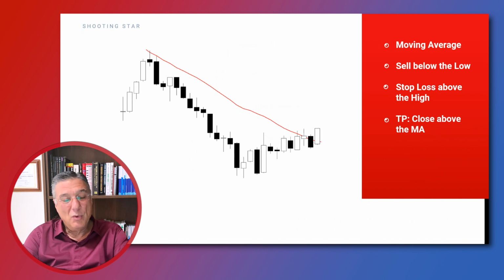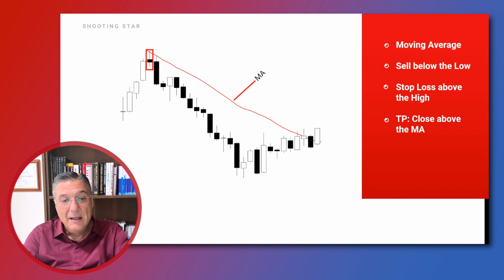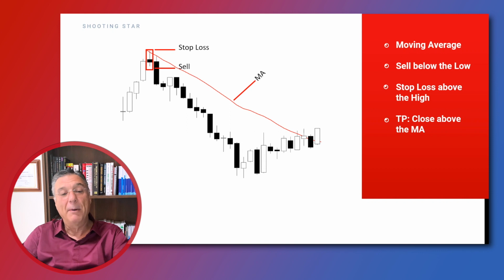Here we have an upward rally, and we identify the shooting star near the moving average line. It acts as a resistance in this case. The moving average line is a dynamic resistance, if you wish. So we're going to place a sell order right below the low price of the shooting star and a protective stop loss right above the high price of the shooting star.